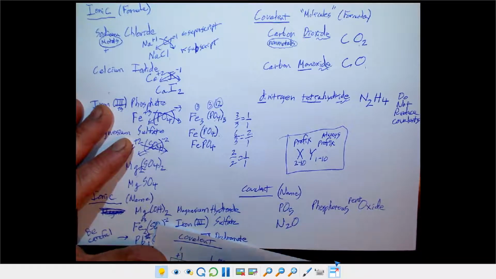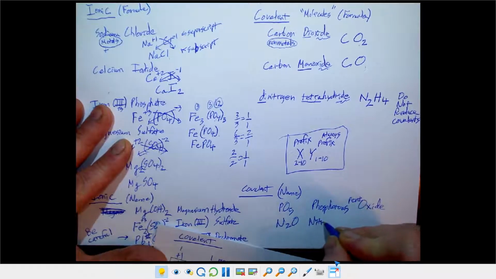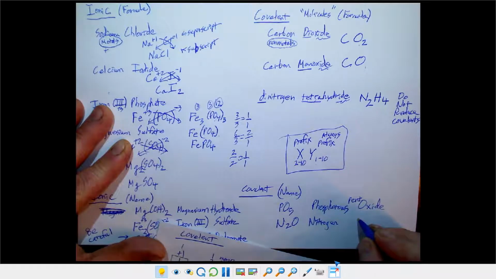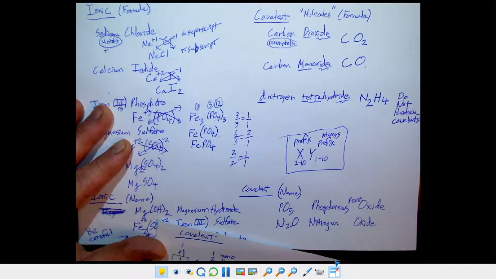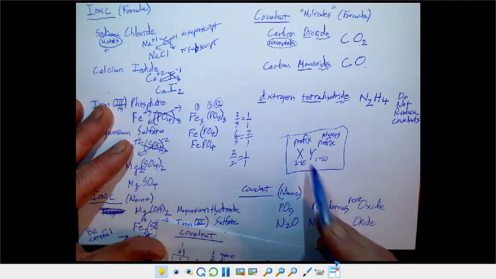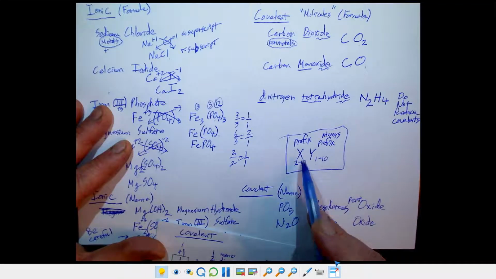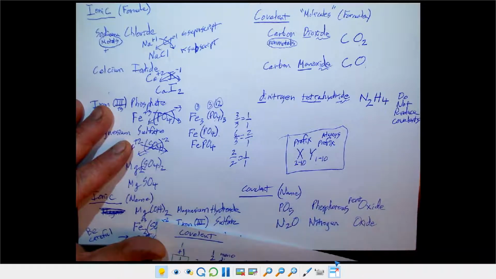Okay, how about this next one? N2O. N is nitrogen. O again is going to have an oxide ending, and I'm going to leave a little more space so I can put the prefix in there. Notice that the first element does have a prefix. It follows our rule, 2 through 10, you need a prefix. So what's the prefix for 2?